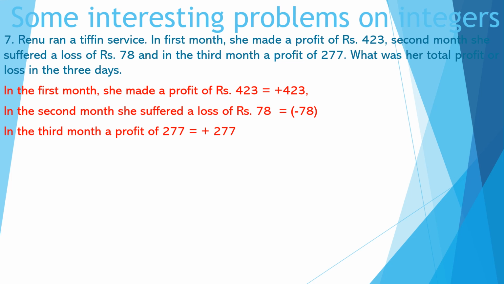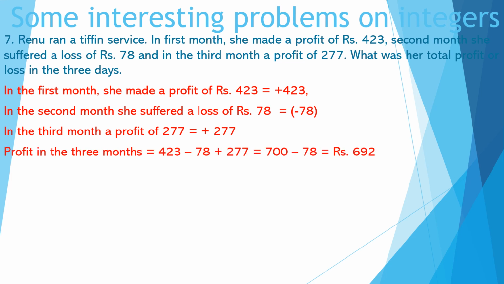And in the third month again she has a profit, which we represent as a positive integer, 277. What was her total loss or profit? Now her profit in 3 months will be equal to 423 minus 78 plus 277, which on calculating comes out to be rupees 622.